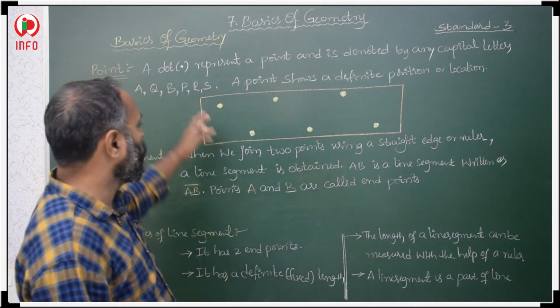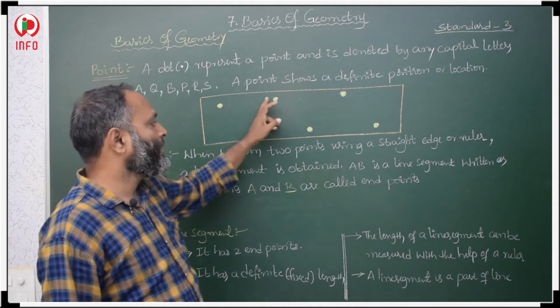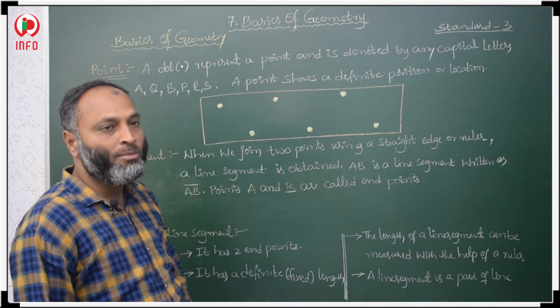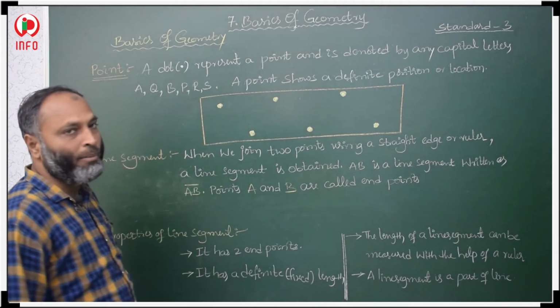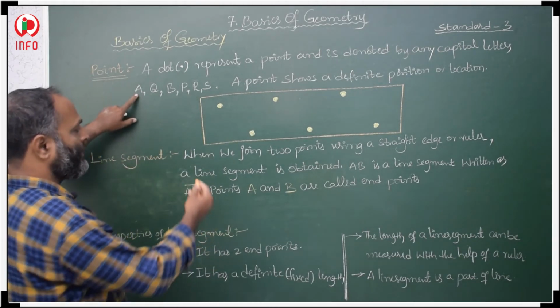Here, see, in this plane some points are given: 1, 2, 3, 4, 5, 6. These points we have to represent with capital letters. So, what are the capital letters here? A is a capital letter.